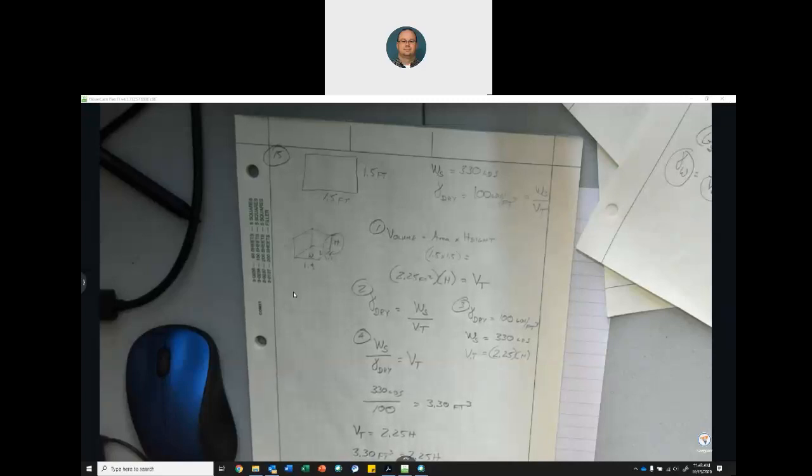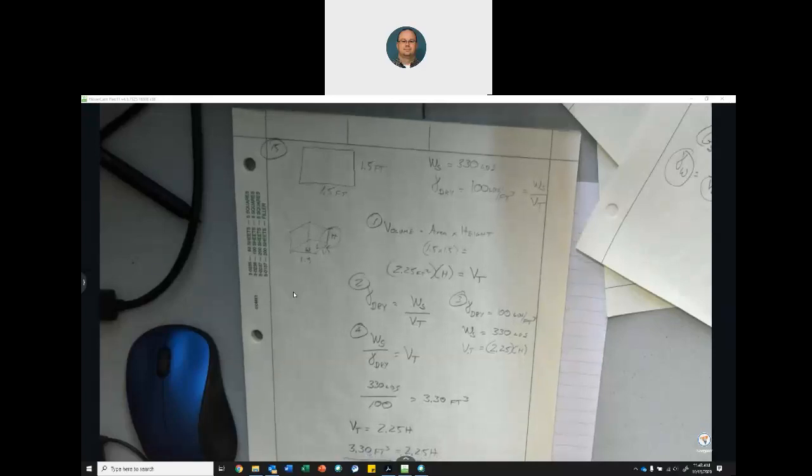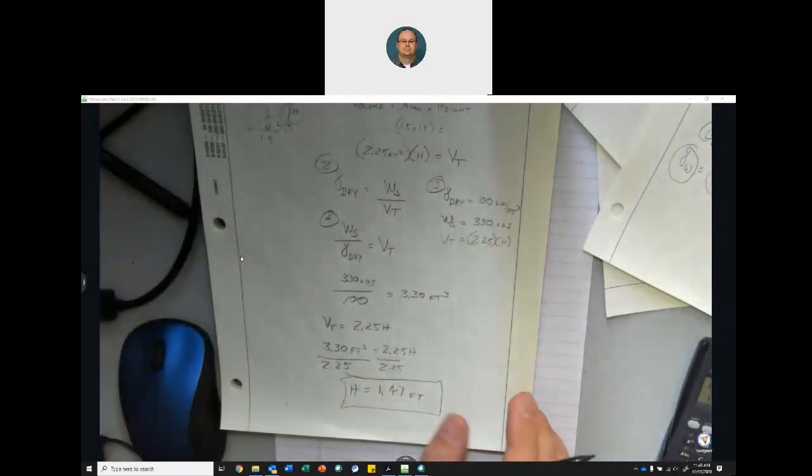H equals 3.30 divided by 2.25, which is 1.47 feet. There we go. That's how high that box needs to be.